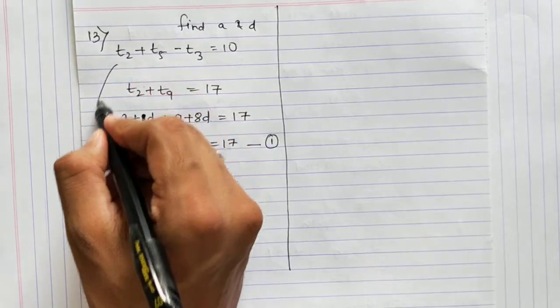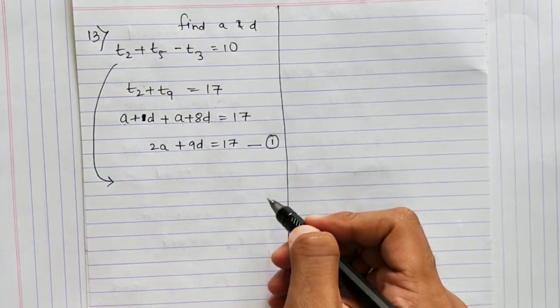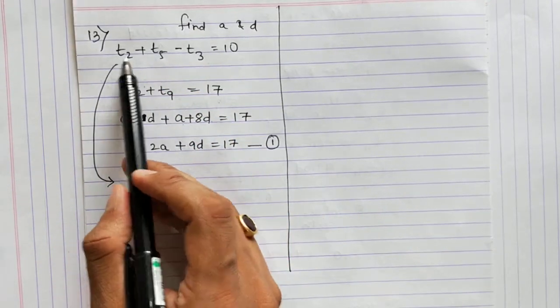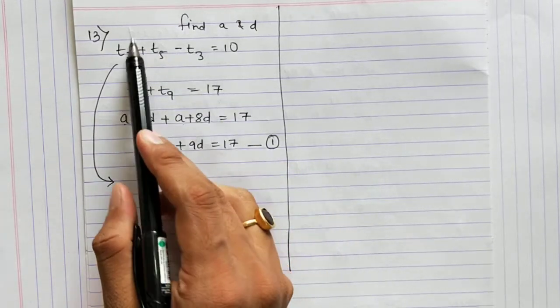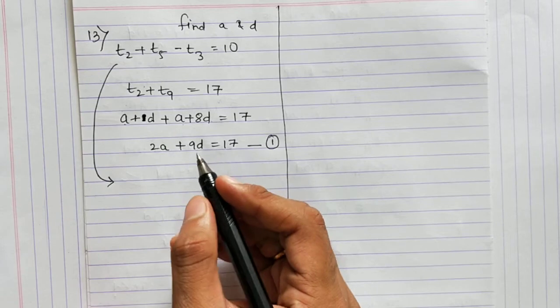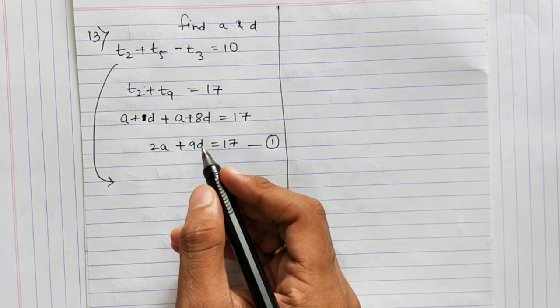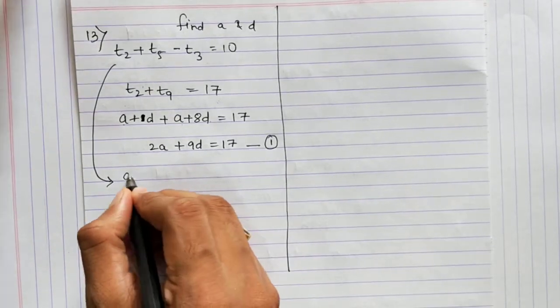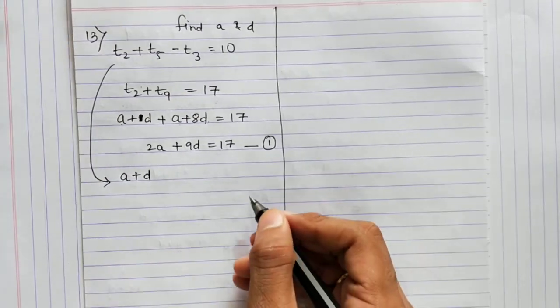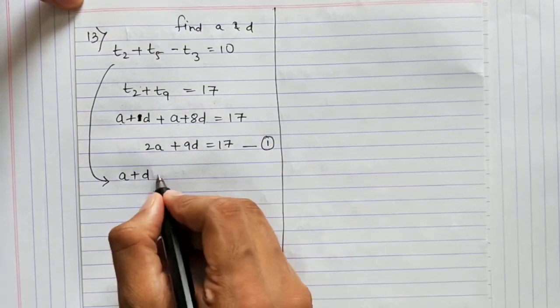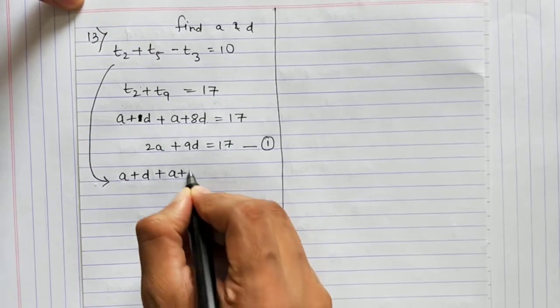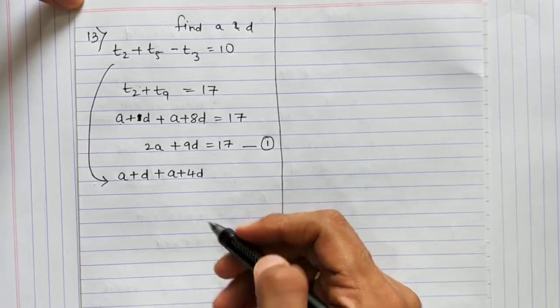Now the second equation. Here you see T2 plus T5 minus T3 equals 10. T2 means second term, so second term means A plus 1D, there is only one D, A plus D. T5 means fifth term, so fifth term is written as A plus 4D, correct?